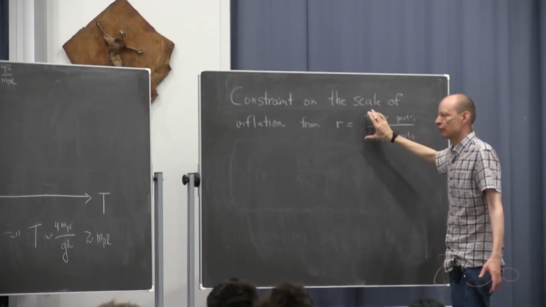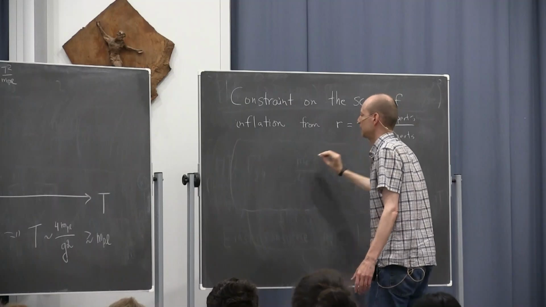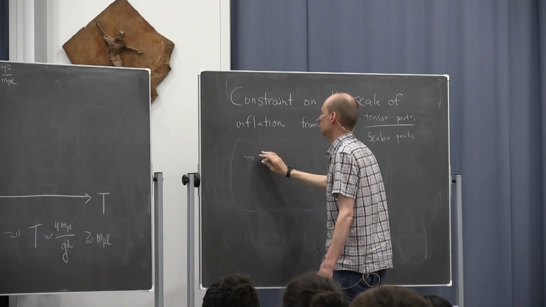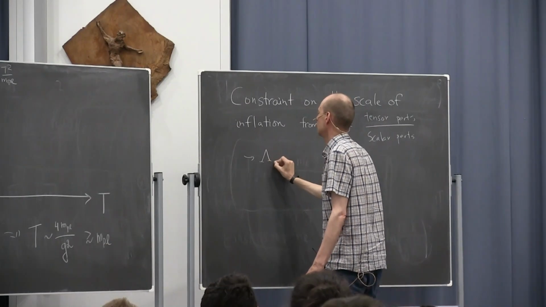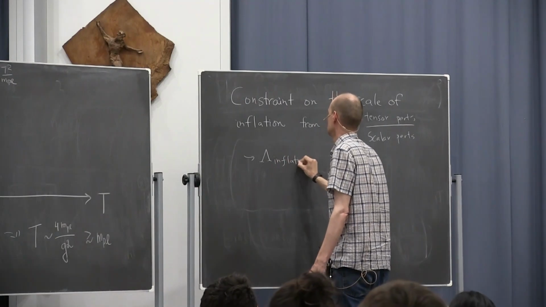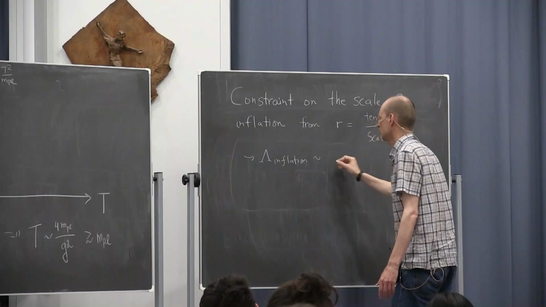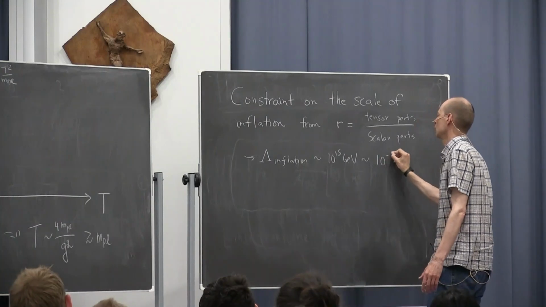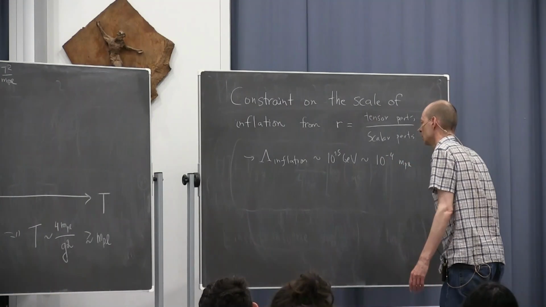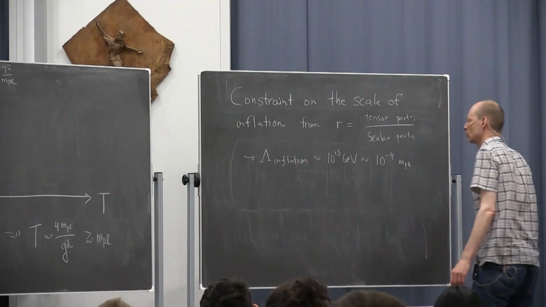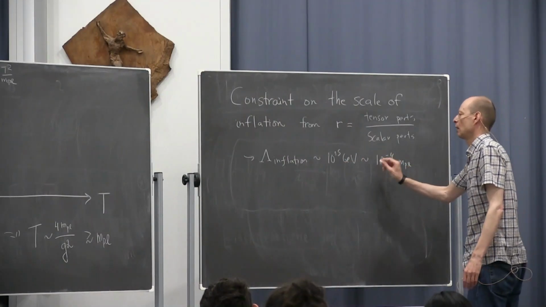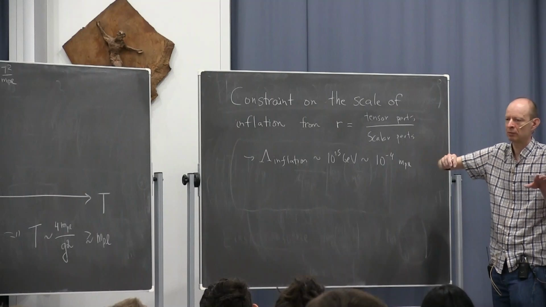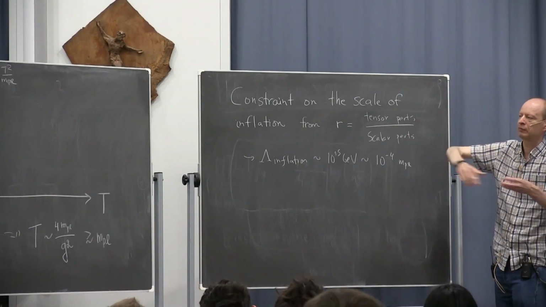So there is this constraint, and it converts into saying that the energy scale of inflation is roughly 10 to the 15 GeV, roughly 10 to the minus 4 times the Planck mass. Maybe it's even stronger, but this is quite a conservative scale. During inflation we shouldn't really talk about temperature, usually, because the expansion is very fast.